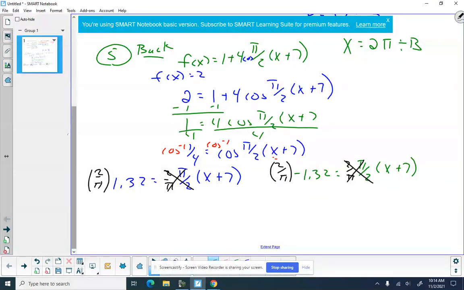The nice thing about the inverse cosine is once you find the positive one, when you multiply by 2 over pi, you just throw a negative in front of that value. You don't have to go through it a second time.